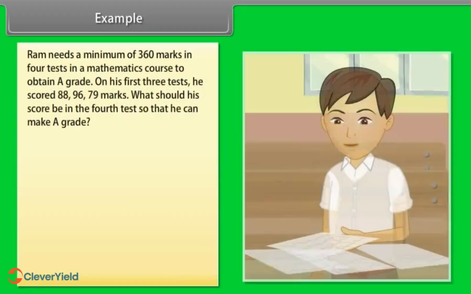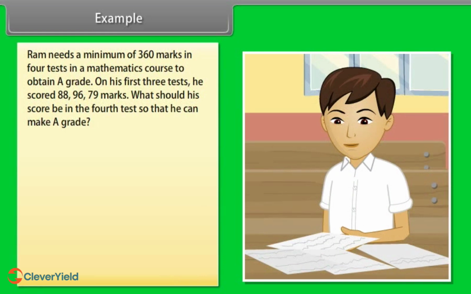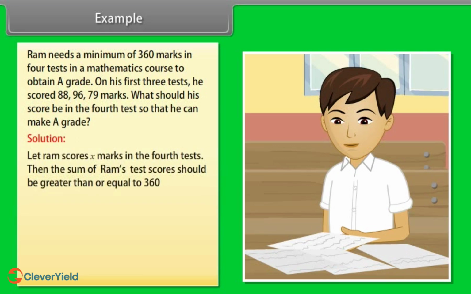Example: Ram needs a minimum of 360 marks in 4 tests in a mathematics course to obtain A grade. On his first 3 tests, he scored 88, 96, 79 marks. What should his score be in the 4th test so that he can make A grade? Solution: let Ram scores x marks in the 4th test.